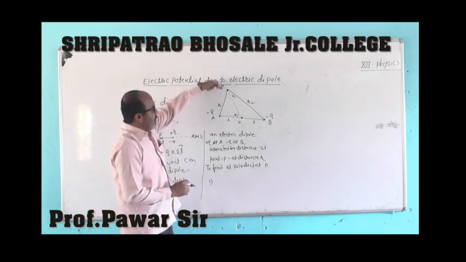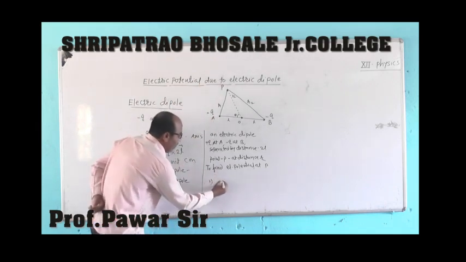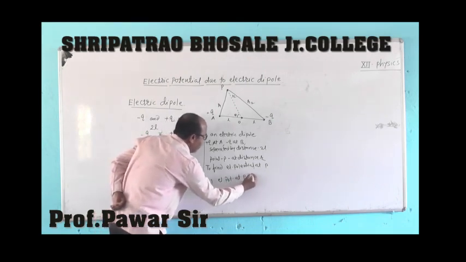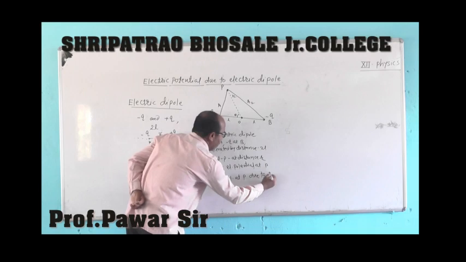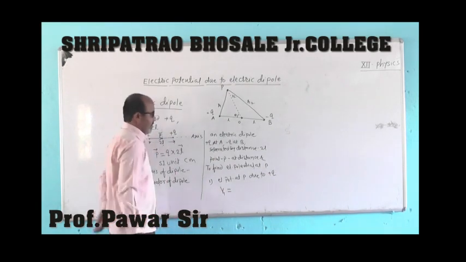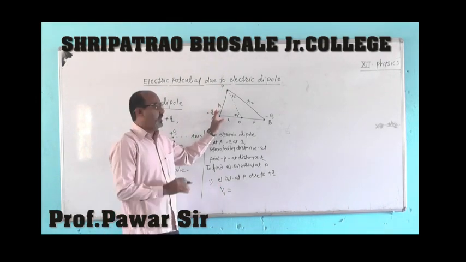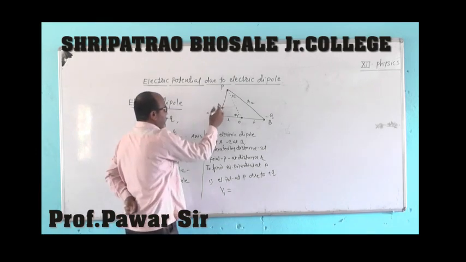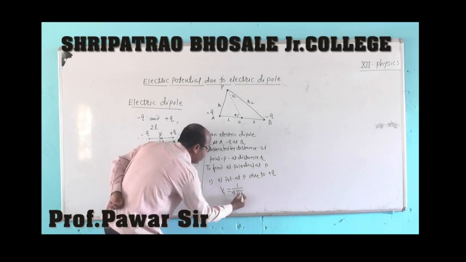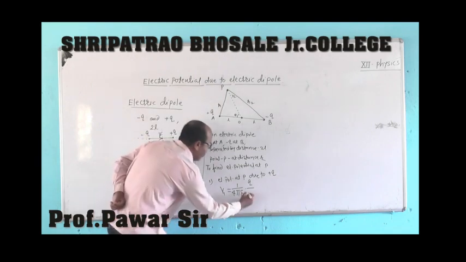First step, electric potential at point P due to charge plus q at A is V1 equal to, formula for electric potential, 1 upon 4 pi epsilon 0 q by r. So here this distance is r1, we can write 1 upon 4 pi epsilon 0 charge q divided by distance r1.